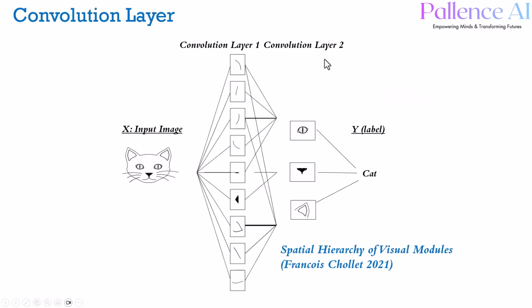Maybe layer 2 is recognizing eyes, the mouth, ears and whiskers. So it's learning higher features. And then finally, the output layer looks at the lower level features of layer 1 and the higher level features of layer 2. Eventually, the final layer is able to predict, hey, this looks like a cat.